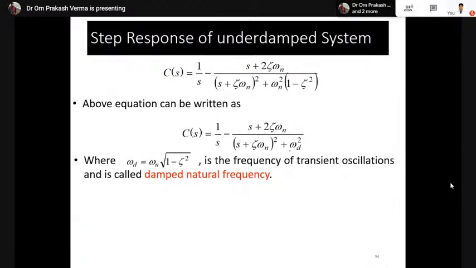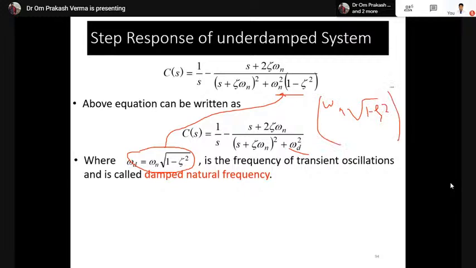Omega d is defined as omega n into root under 1 minus zeta square. And you can square this one, so this term becomes now this omega d.